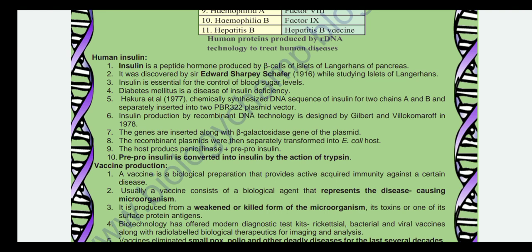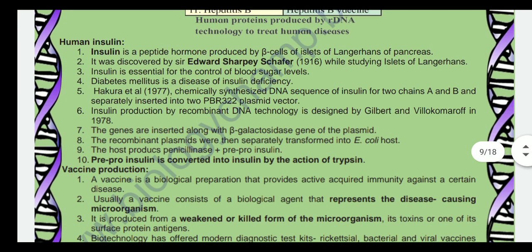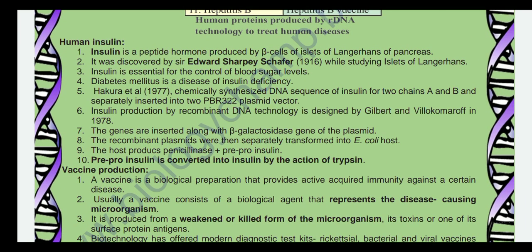Insulin is a peptide hormone which is produced by beta cells of the islets of Langerhans of pancreas, that we all know. So Edward Schaefer discovered that the islets of Langerhans are responsible for controlling the blood sugar levels. Diabetes mellitus is a disease of insulin deficiency.